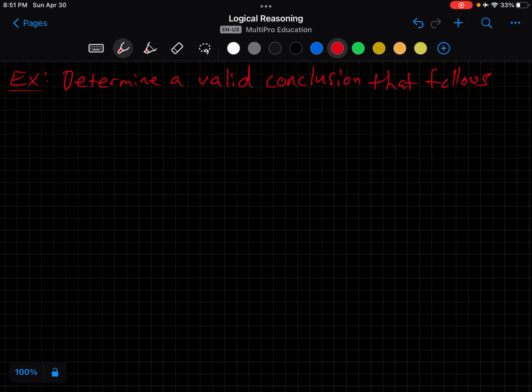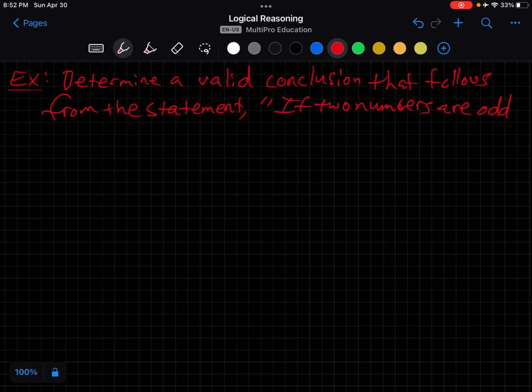That follows from the statement: if two numbers are odd, then their sum is even, for the given conditions.